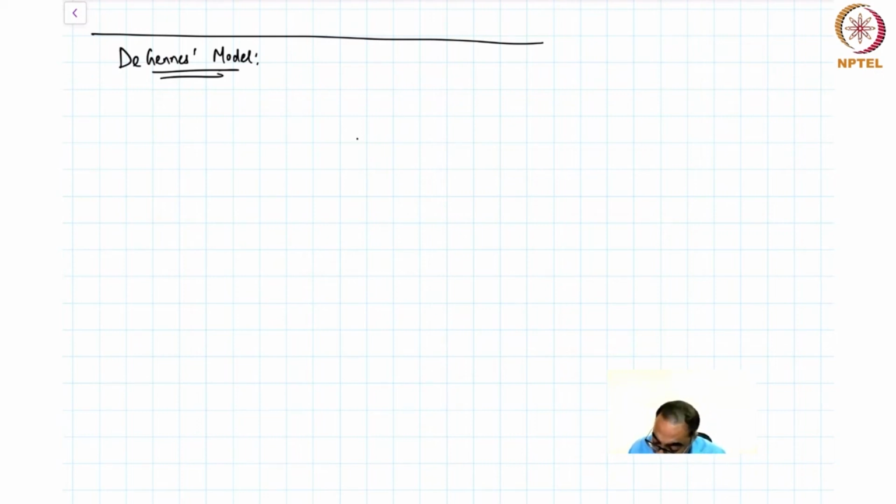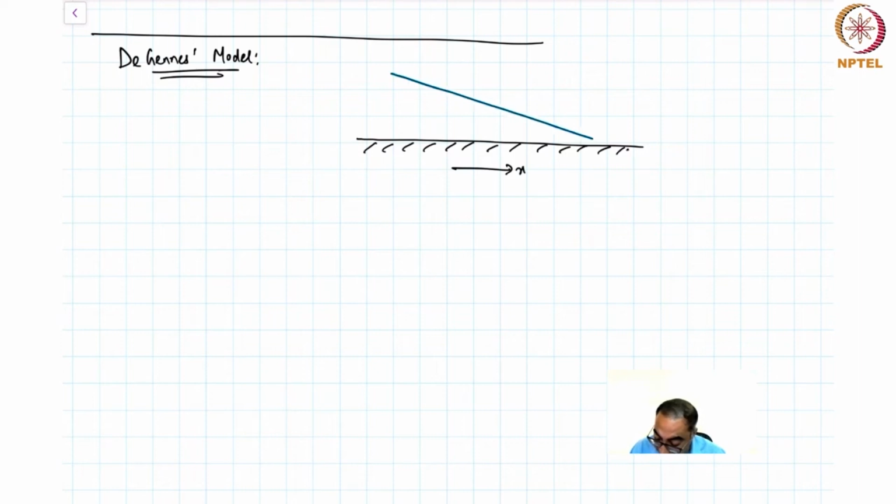Let's say we have a flat surface like this, and let's say this is X, over which there is a contact line and an interface like this. We'll call this angle theta d. That's the angle that the interface makes with the wall. This is basically the dynamic contact angle.